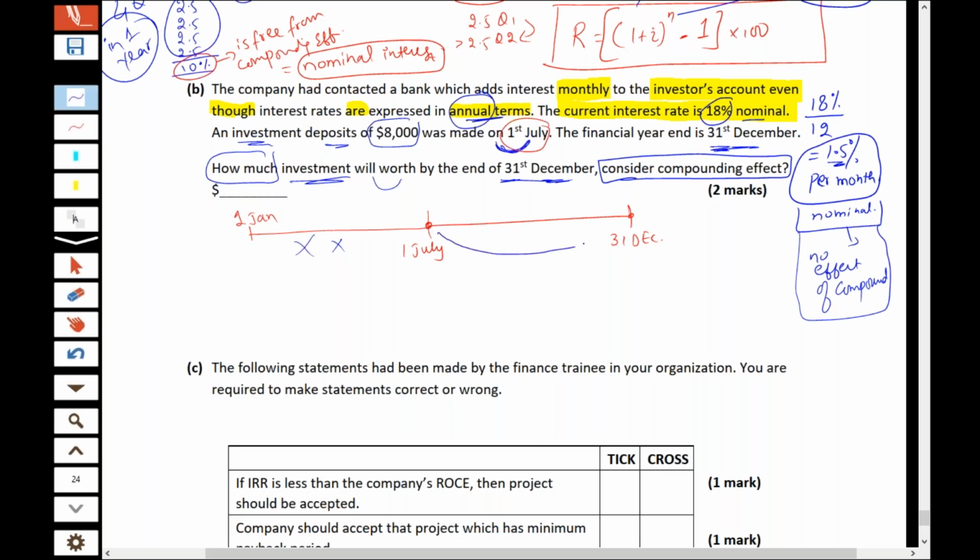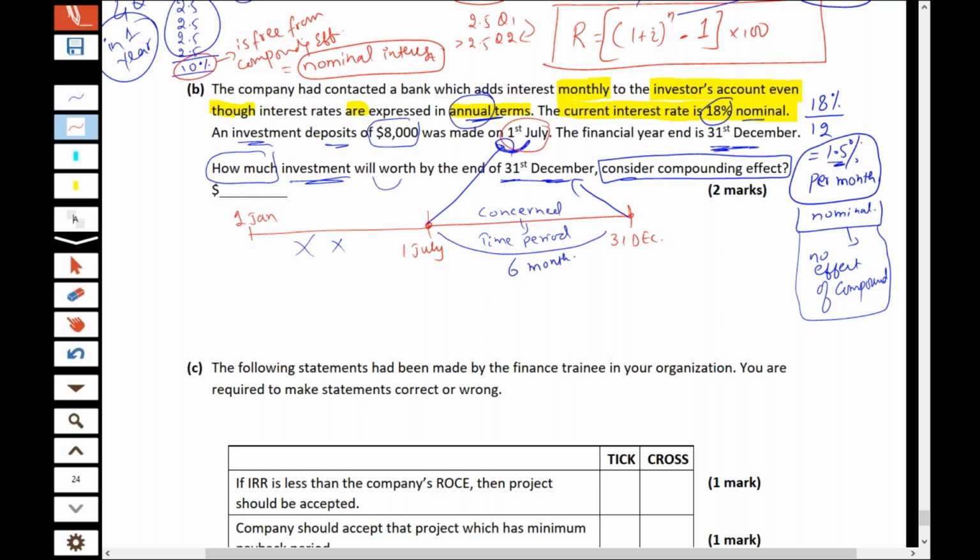My concerned time period is this. And how many months are there? Count July, August, September, October, November, December. That means 6 months. This is my time period, okay? Because I have made the investment on 1st July and it's being asked for the 31st December.